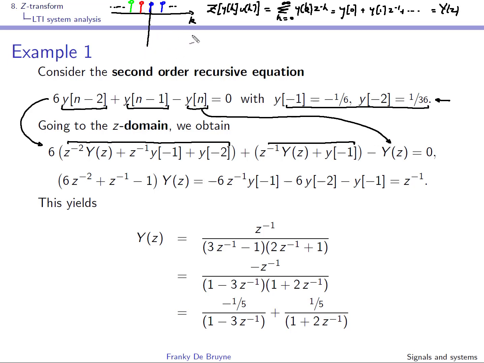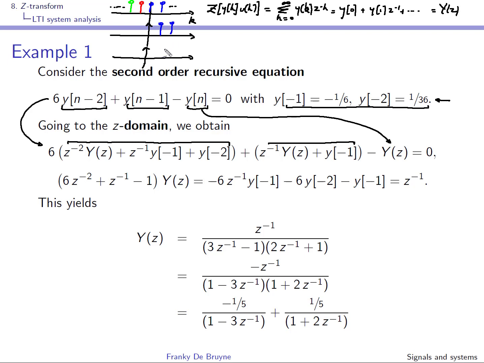So now we have to work with the shifted versions by 1 and 2, right? So let us first draw the one where everything is shifted by 1.